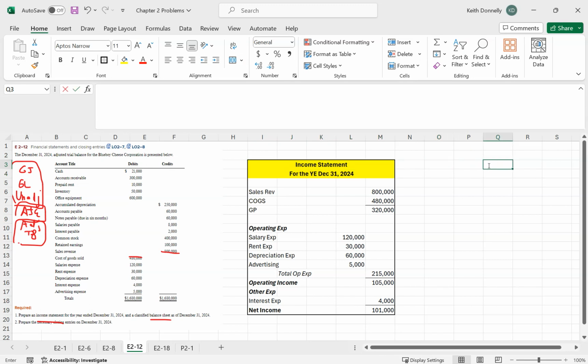Balance sheet, and this is going to be as of December 31st, 2024. You can see there's slightly different language for the year ended versus as of. The income statement is for a period of time, where this is saying a point in time.